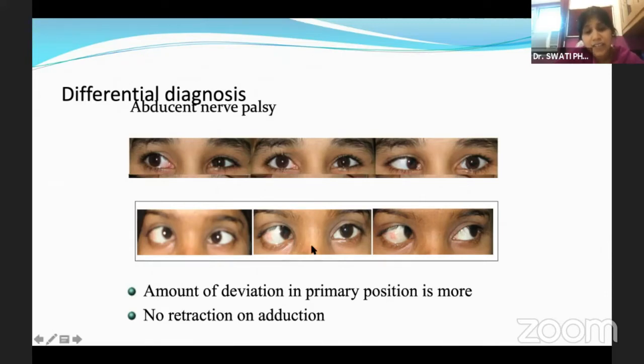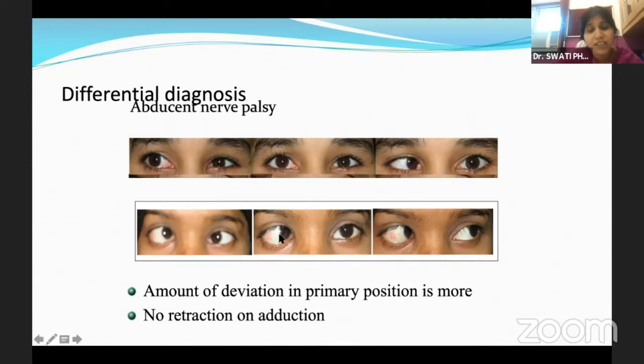But in the case shown below, you can see a significant limitation of abduction in the right eye, and the deviation is pretty large, which may be as much as more than 60 prisms. So this is one very important differentiator that you have to keep in mind.